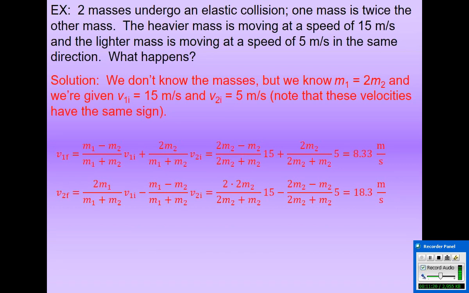Well, what do I get? After plugging in, I get that the heavier mass has slowed down to 8.33 meters per second, and the lighter mass has sped up to 18.3 meters per second. You should be able to duplicate these calculations on your own.